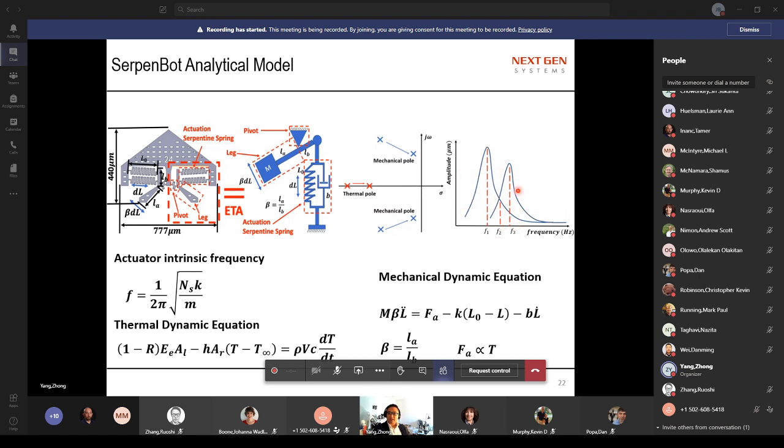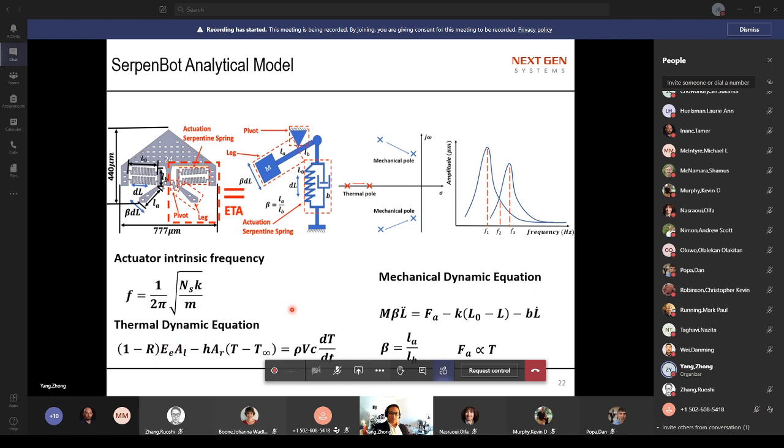They have 2 peaks, and they also have an overlap part. So if we modulate our laser pulse frequency close to the F1 actuator's intrinsic frequency, this will generate a larger motion on that actuator than the other one.